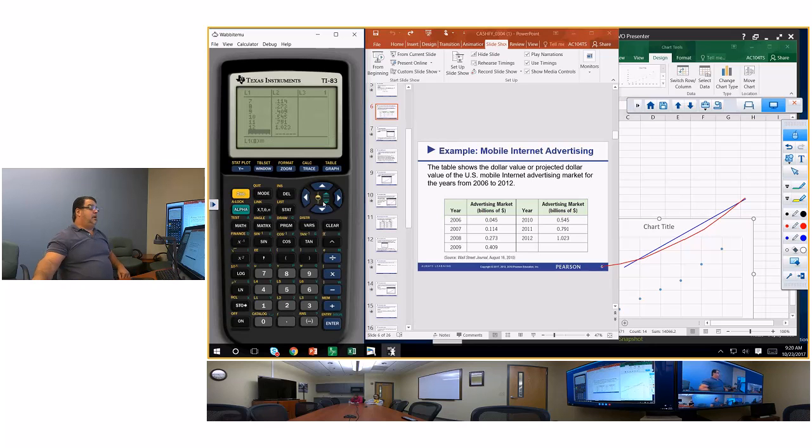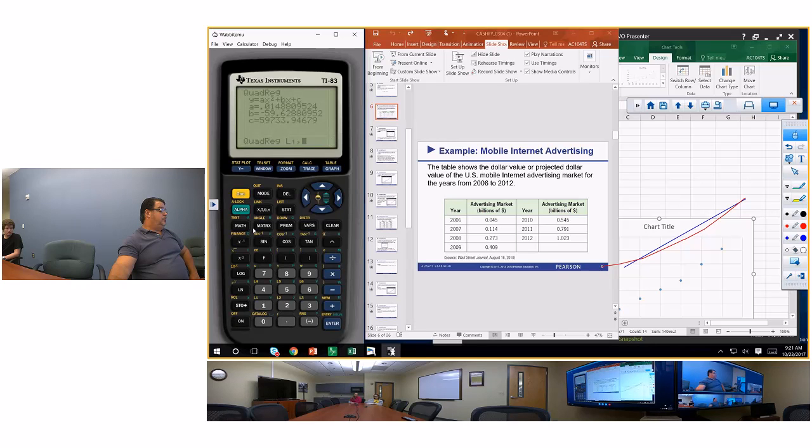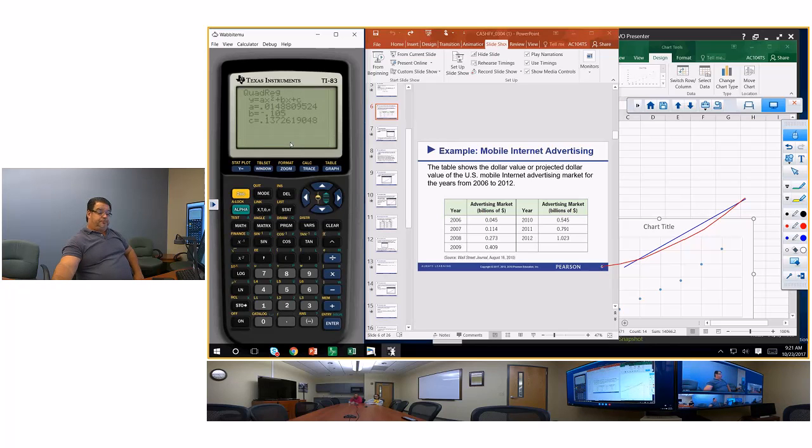And that might make the answer a little bit more, what's the word I'm trying to say? Normal. Quadratic regression, L1, comma, L2. Enter. That looks a little bit better.